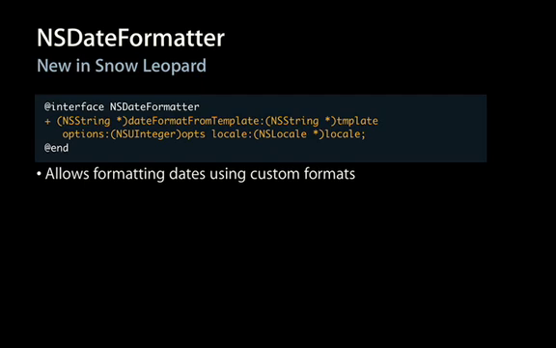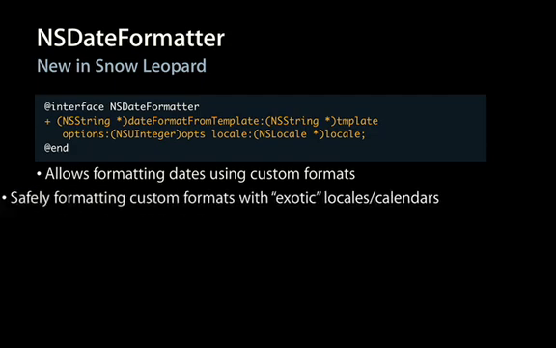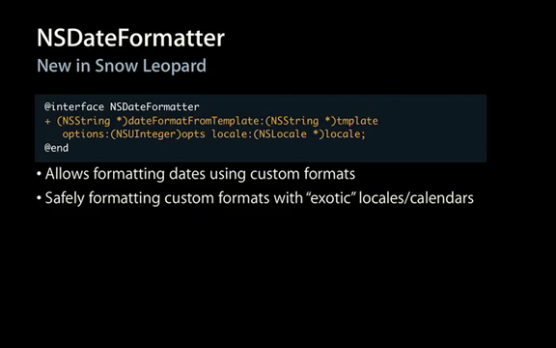With dateFormatFromTemplate:options:locale, you specify a generic formatting template, and the method returns a customized format suitable for the locale, so that you can safely use custom formatting with exotic locales or calendar combinations.